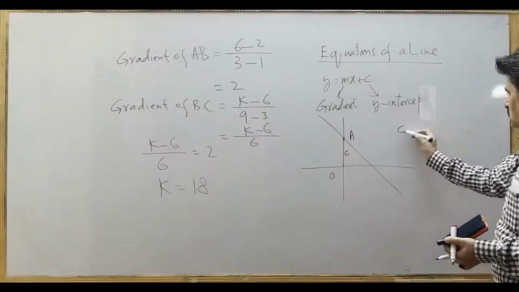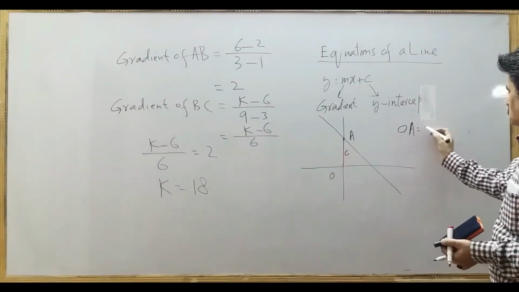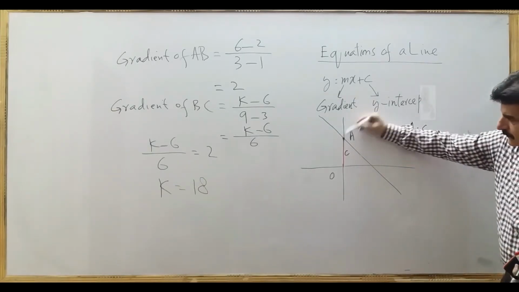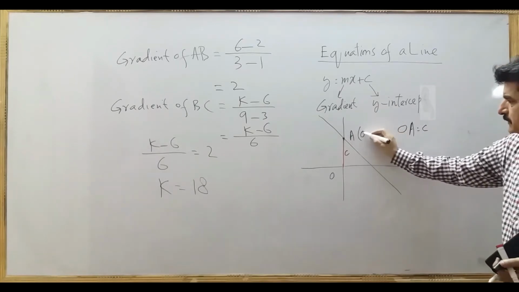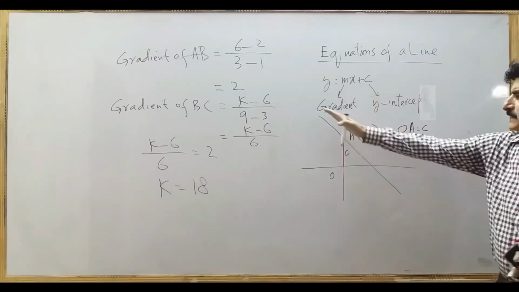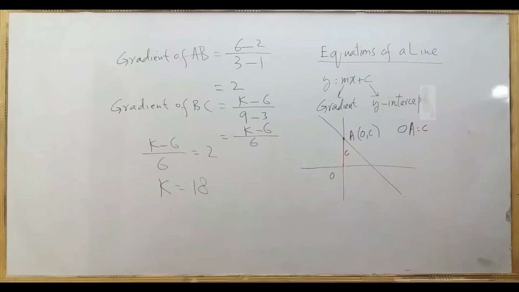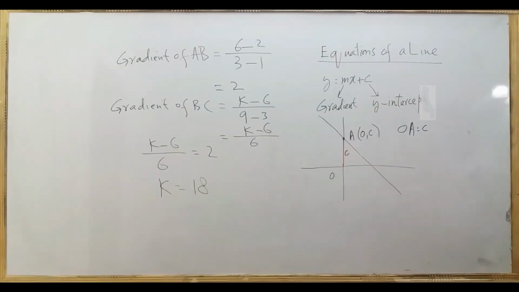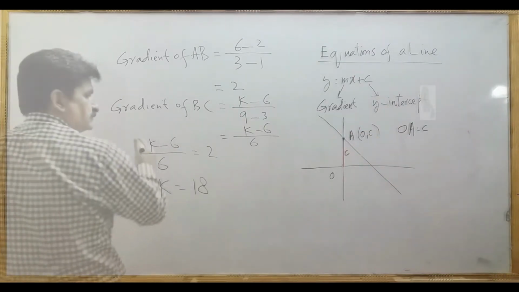Now this OA is equal to c. This is called y-intercept. So it is y-coordinate of the point of intersection of this line with y-axis, and on y-axis x is 0.